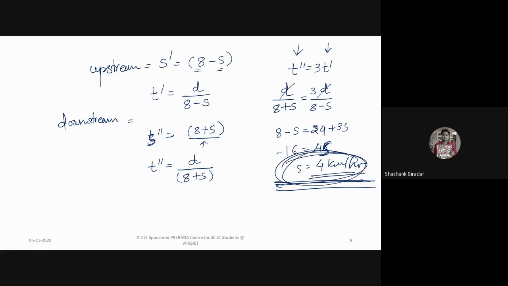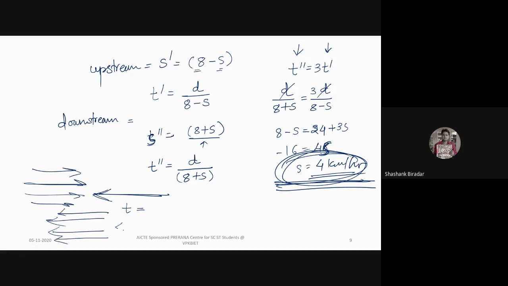So what is the trick over here is, if the stream is in this direction, and you are rowing in the opposite direction, then automatically the time required is larger. But if the stream is in this way, and you are also rowing in this way, then time required would be very less, and your speed is high, because the relationship between velocity and time is inversely proportional.